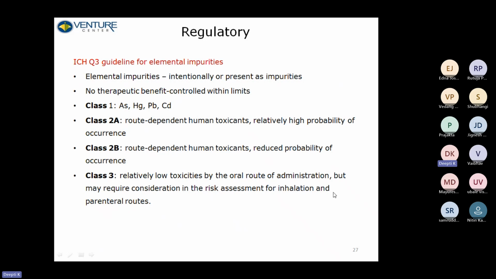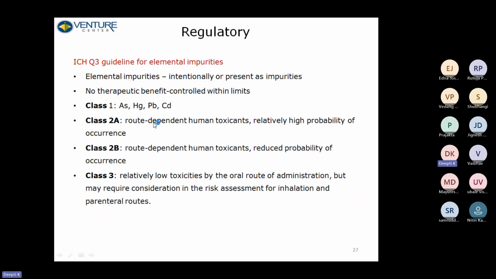So the ICH Q3 guidelines have been specifically prepared, keeping in mind the necessary workflows that need to be incorporated while doing elemental analysis of certain categories, like class 1, which we call the heavy 4, the heavy metals arsenic, mercury, lead, and cadmium. These are the most toxic.